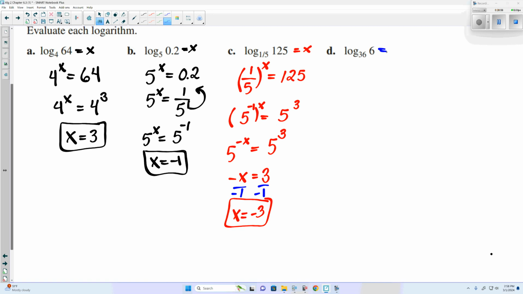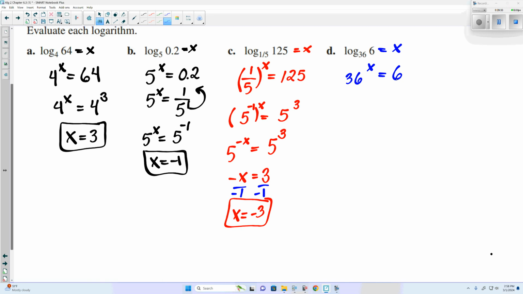Log base 36 of 6 to the x. Well, looking at this here, and we've done this to both sides at this point, mainly the right side, the number without an x, we rewrote it as a number times itself, or number to a power, yes?